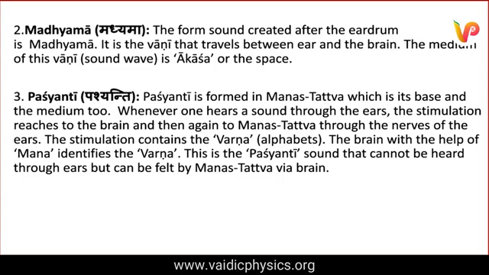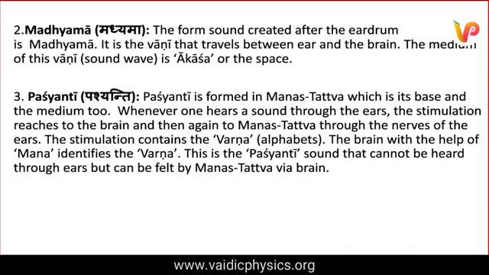From the brain, the third type of sound is created, that is Pashyanti. Pashyanti sound travels from your brain to your manas tattva, and the manas tattva catches the form of that sound in varna or alphabet. For example, I say to you, hello Sandeep, how are you?